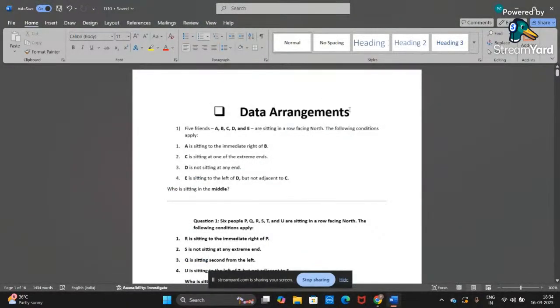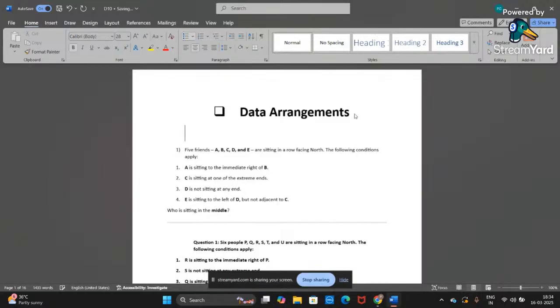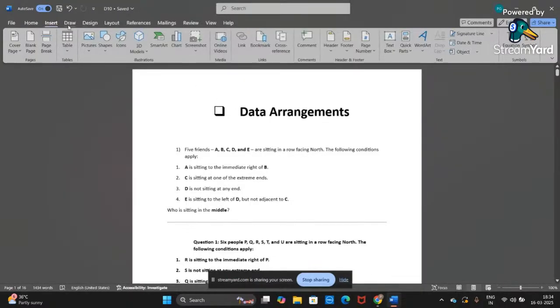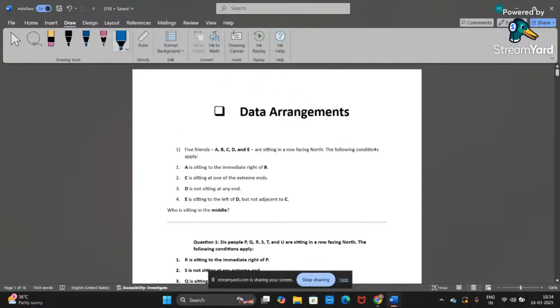Okay, let us start with data arrangements. In data arrangement, we need to read the question and arrange according to the conditions. Let's solve the first one. Five friends A, B, C, D, E are sitting in a row facing north. North means this direction, right?